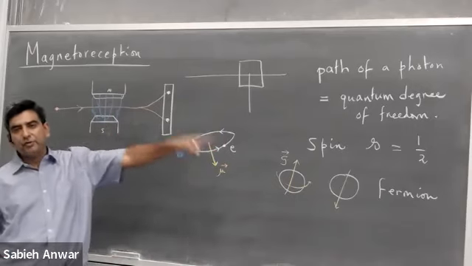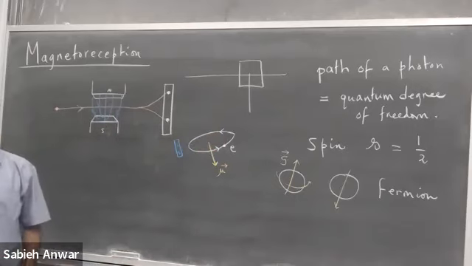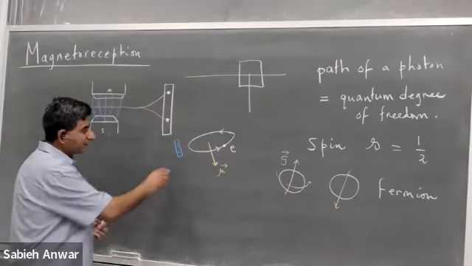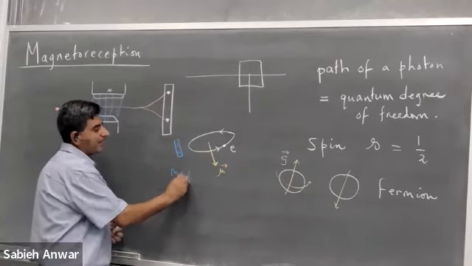So every angular momentum renders that quantum object a magnetic property as well. All right. So this object is called a magnetic dipole.